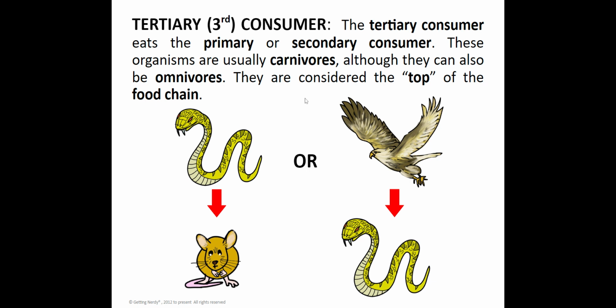They're considered the top of the food chain. And we have two different tertiary consumers. We have the snake, which eats the mouse, which eats the grasshopper, which eats the grass. Or we have the hawk that eats the snake, that eats the mouse, that eats the grass.